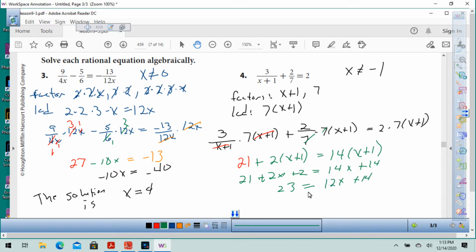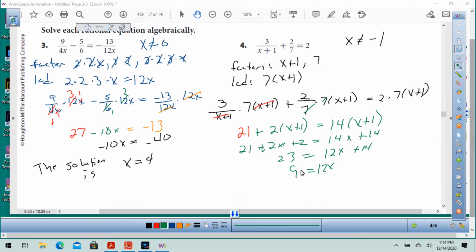If I subtract 14 from both sides, I'm getting 9 equals 12x. Divide both sides by 12, and 9 12ths, that's 3/4 equals x. All right, there we go. Good job.